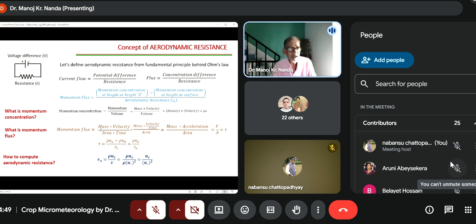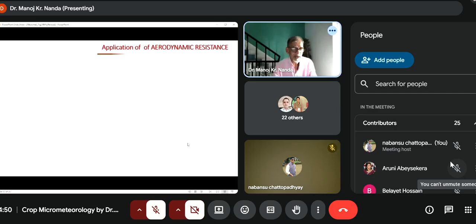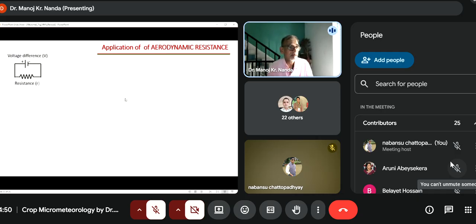So this is a very generalized formula we are getting from the aerodynamic concept of boundary layer. That's why I have given you so many mathematical equations to get a generalized formula for aerodynamic resistance and aerodynamic consequences.